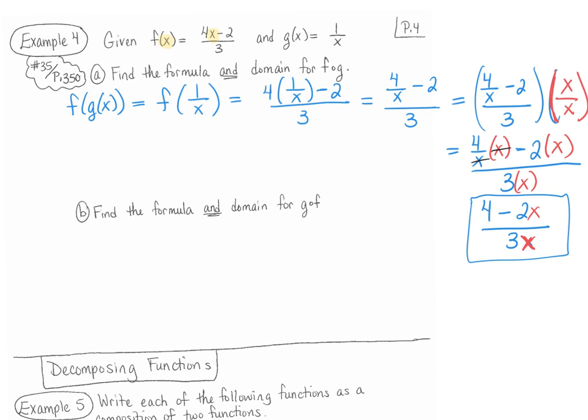And now we need to find the domain for f composed with g. Now the domain of f composed with g is the set of all numbers where g of x is not equal to what? It's the set of all numbers where your denominator cannot equal 0. So our domain, what makes our denominator 0?